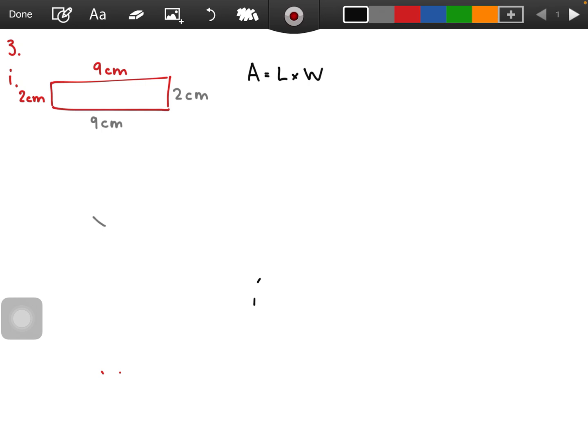So this side is also going to be 9 centimeters and this side over here is 2 centimeters. To get my area here, it's length times width. So it's 2 centimeters times 9 centimeters. Okay, so my area of this rectangle is going to be 18 centimeters squared.